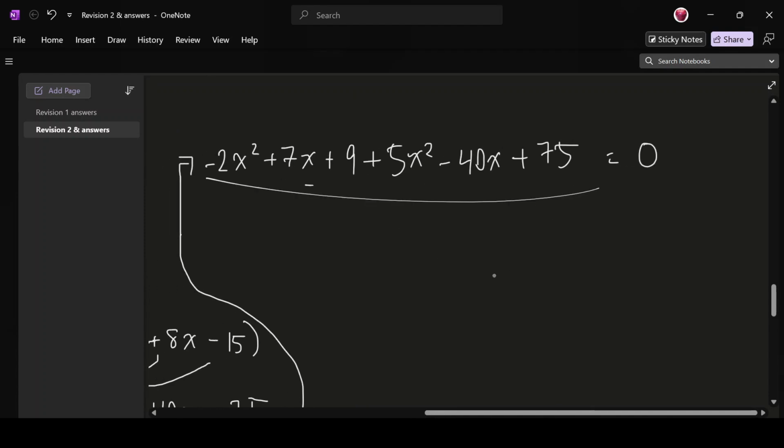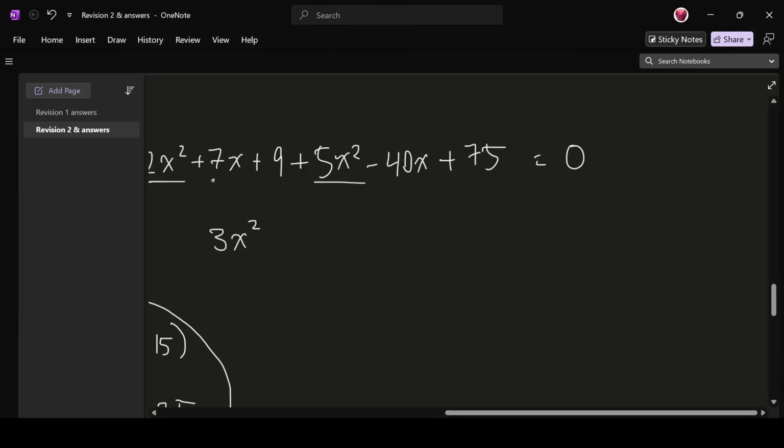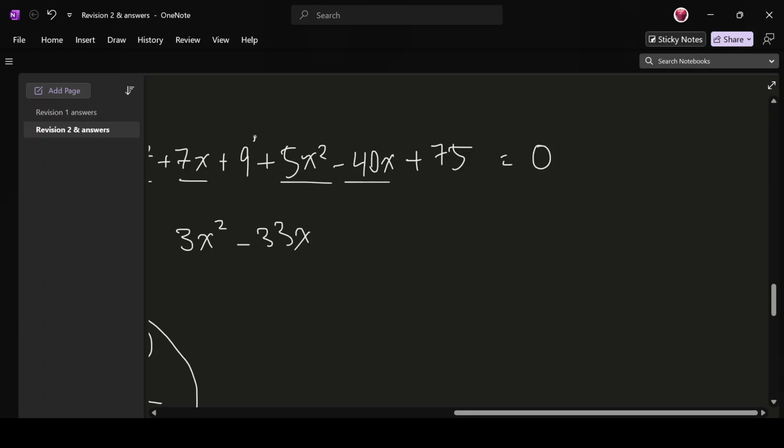Now we just simplify this. Negative 2x squared has a pair right here. So yeah, we can just add them together. Negative 2 plus 5, that's 3. And we just add the x squared. X here also has a pair. 7 minus 40, that is negative 33x. 9 plus 75, that is 84.